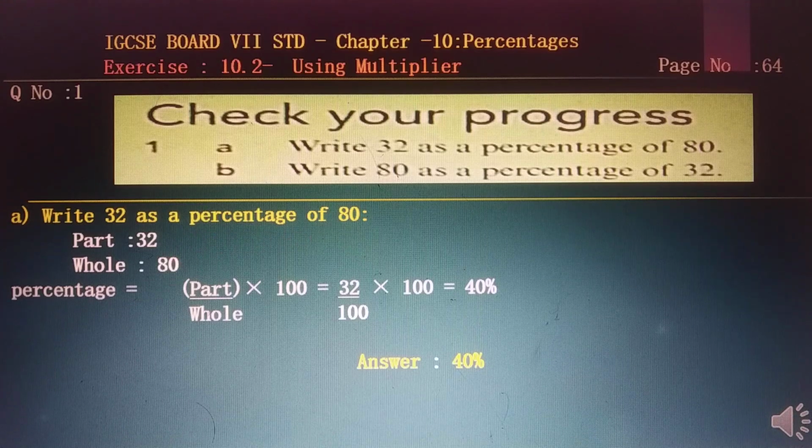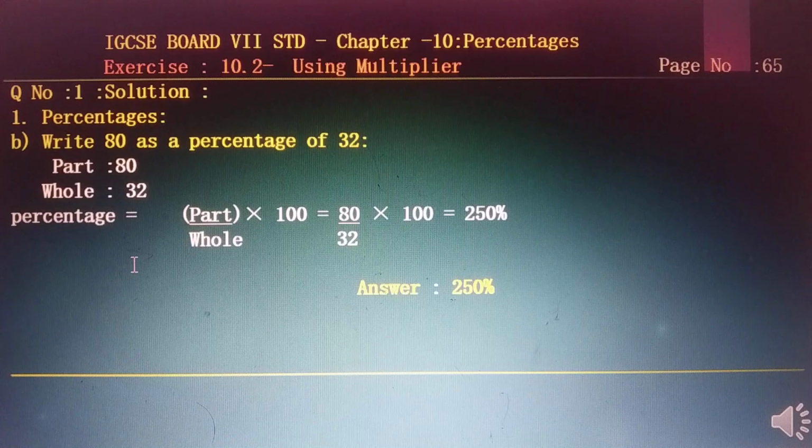The formula is part upon whole into 100, 32 upon 80 into 100, we are getting 40%. Answer is 40%. The same way in question B of the checkpoint: part upon whole, here the part is 80, the whole is 32, so 80 upon 32, we are getting 250%.